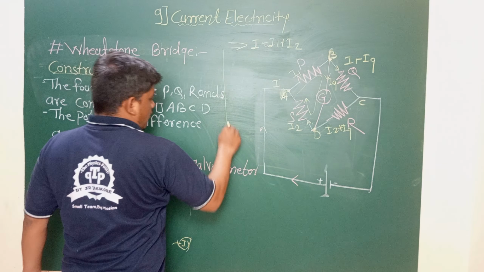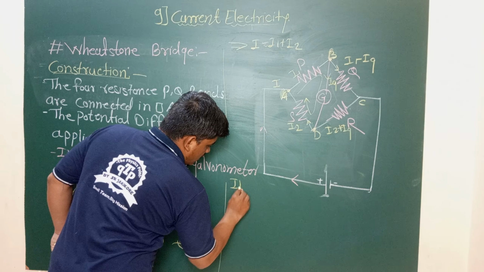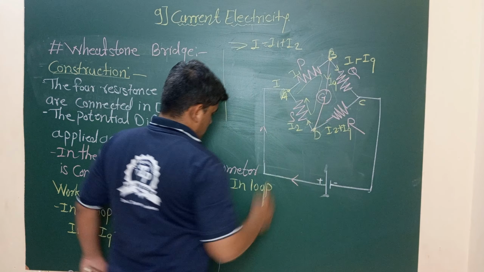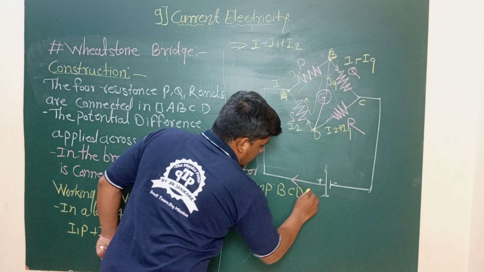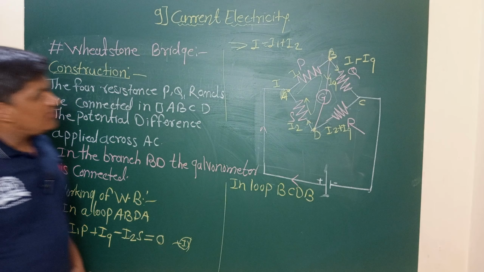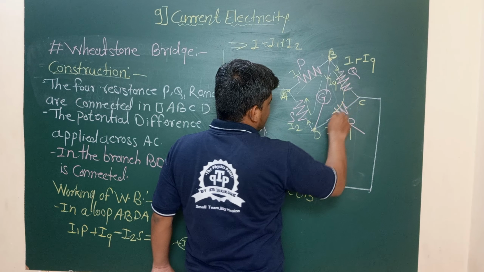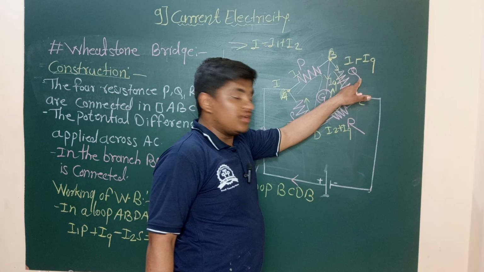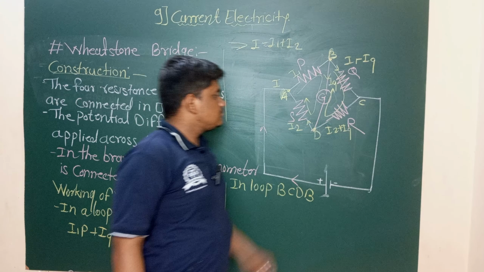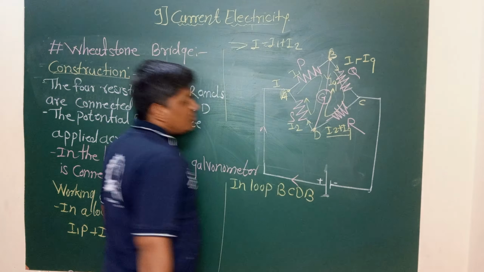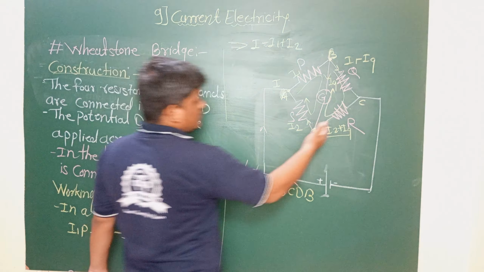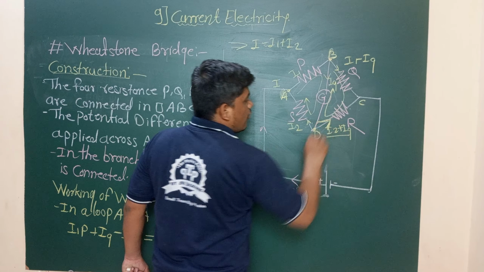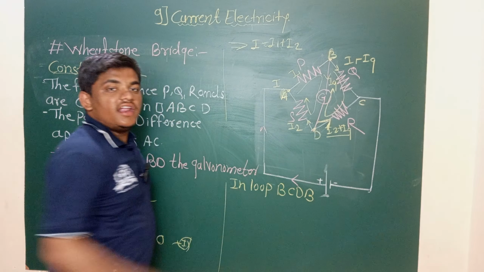Kirchhoff's second law. Now in another loop, the loop BCDB, the current is flowing like this. That means I1 minus Ig into Q is positive, and I2 plus Ig into R is taken negative, and another one is positive, because this is the direction of flow of current, but we have taken the opposite direction of loop.